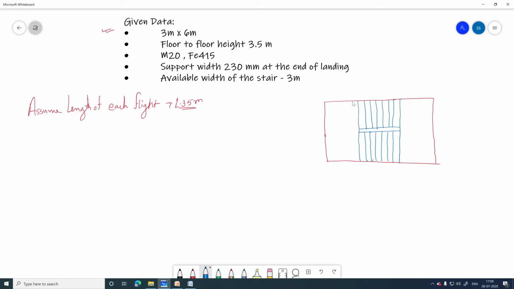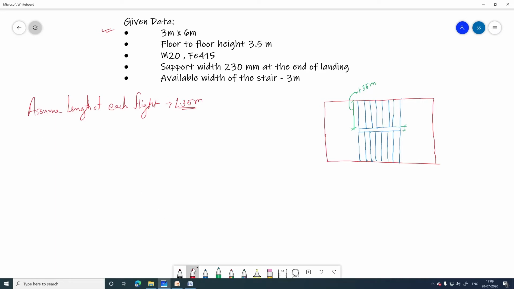That means this particular distance is 1.35 meter. So if this is 1.35 meter, what will be the space between the two flights? That means what will be the value of this particular gap?